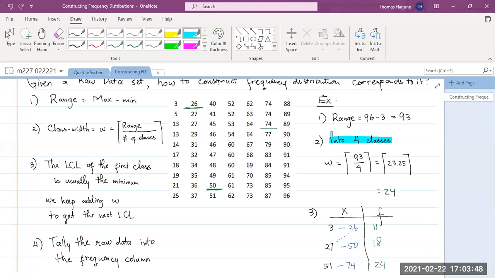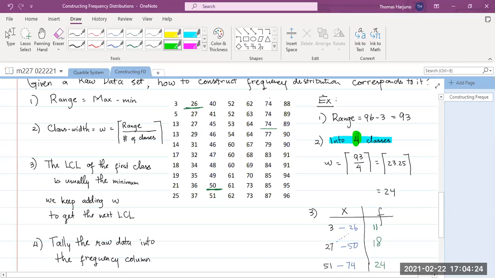Usually the number of classes is at least 3, at most 4 here, but in real life it may go up to 20 classes. We don't want too many classes, such that we are lost in details, but we don't want just too few classes either, because then we approximate with too much rounding error. So the number of classes will be given in the question.